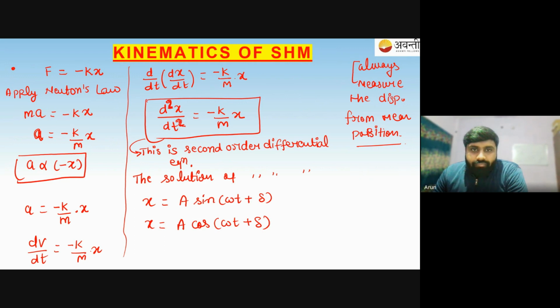So the solution of this equation will be a sine omega t plus delta, or a cos omega t plus delta. These are termed as simple harmonic functions, or you can say harmonic functions.